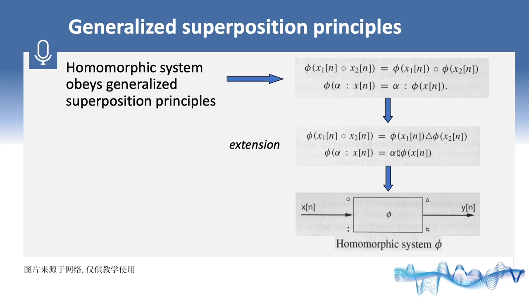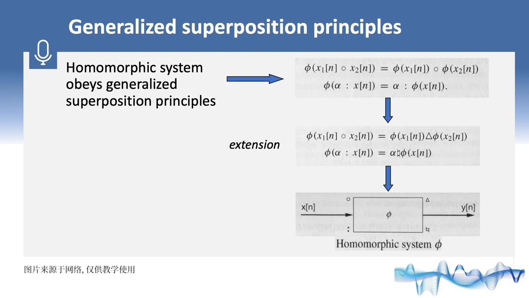Homomorphic systems are classified by operations in their input and output vector spaces. The input and output operation symbols can be inconsistent. Linear system is a special case of homomorphic system. That is to say, this system obeys a law similar to the superposition theory for input operation and output operation.